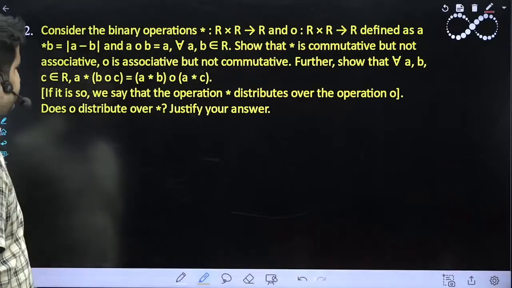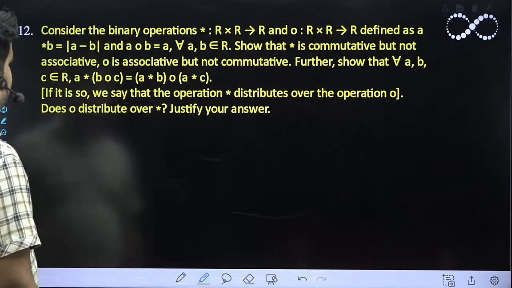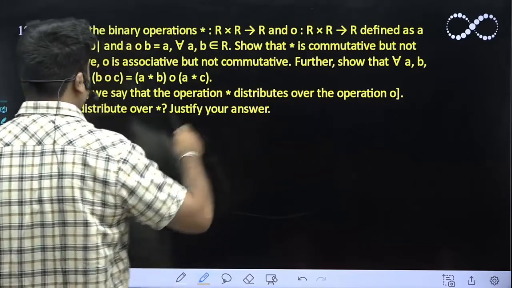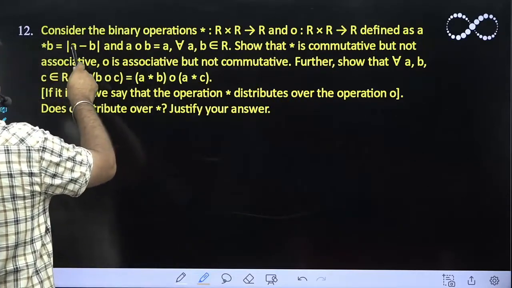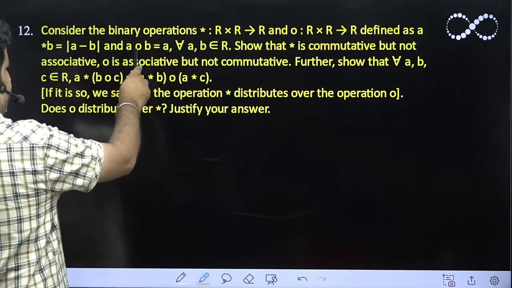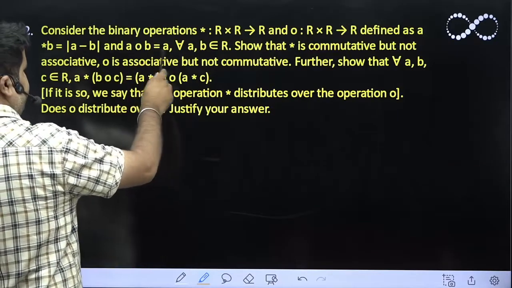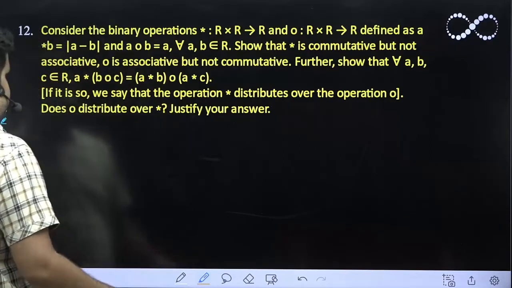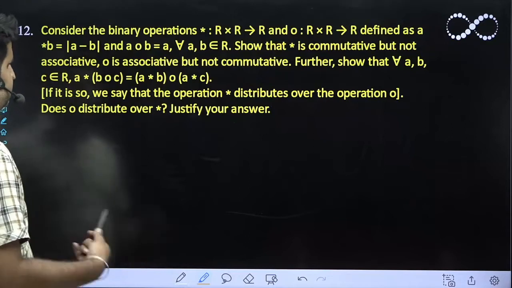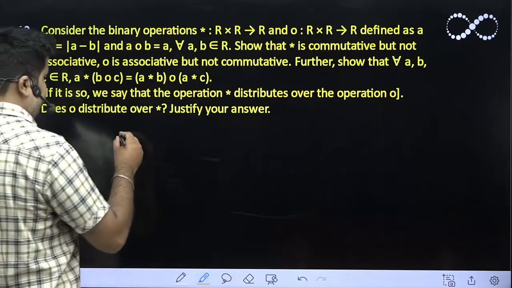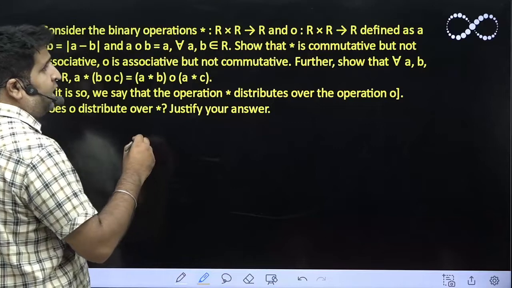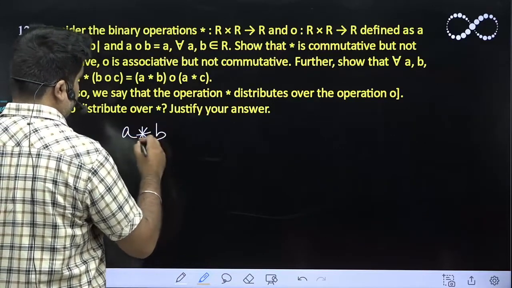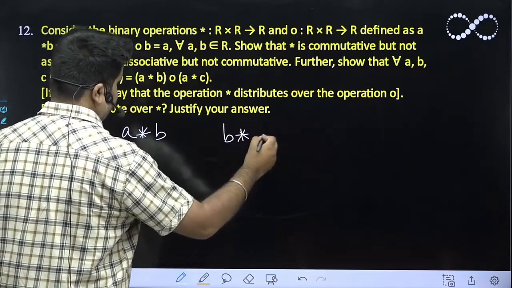Consider the binary operations star from R cross R to R and the binary operation O defined as A star B is mod of A minus B, and A O B is equal to A. Show that star is commutative but not associative. So let's start with star. For star to be commutative, A star B and B star A should be equal.